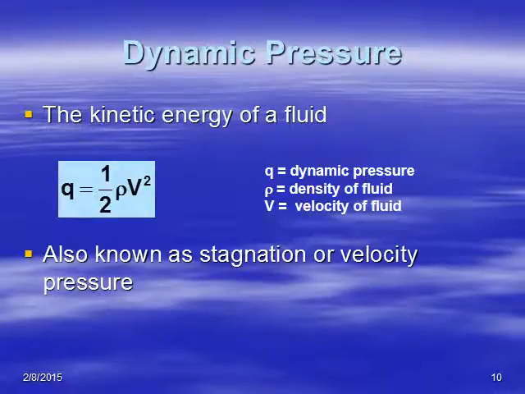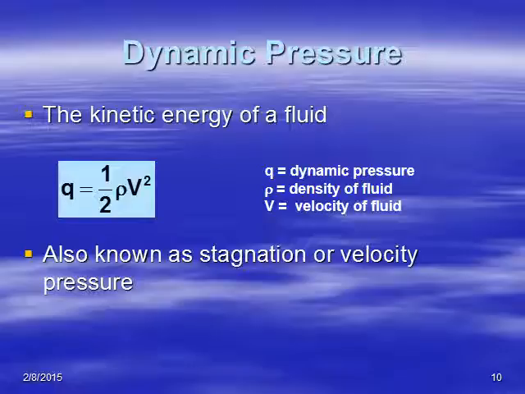The dynamic pressure is the opposite, just a little bit different than the static pressure. It's basically you're trying to measure all of the energy that the air has. So you're trying to measure the force if you slowed it down. This is also known as stagnation pressure.